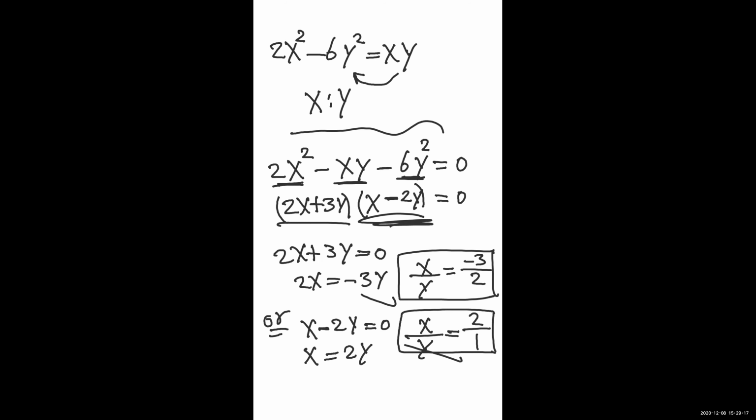The second point: if there are proportional numbers like a over b equals c over d, then simply a over c will equal b over d.